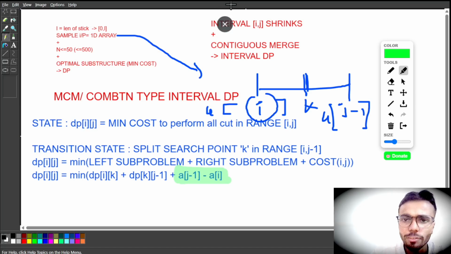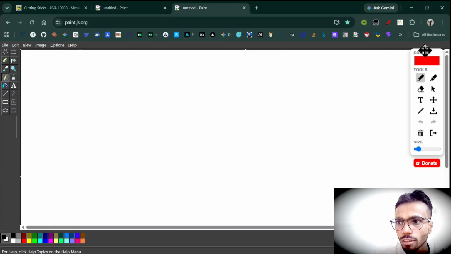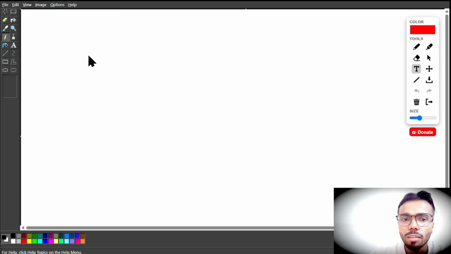So if you are aware, in general MCM combination type interval DP takes O(n cube) time complexity, right? Basically we iterate over all the lengths and starting indices, and then choose the pivot, the split search point, which lies in the worst case up to n. So overall it goes to O(n cube).